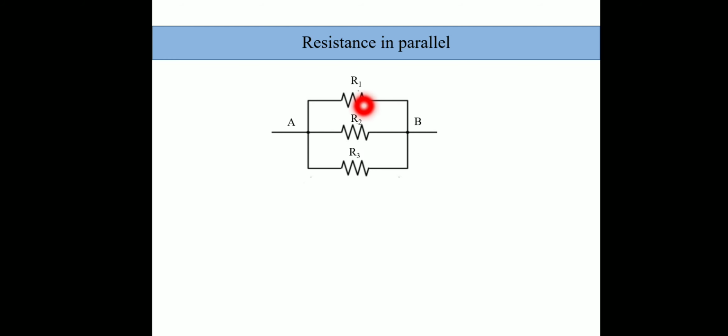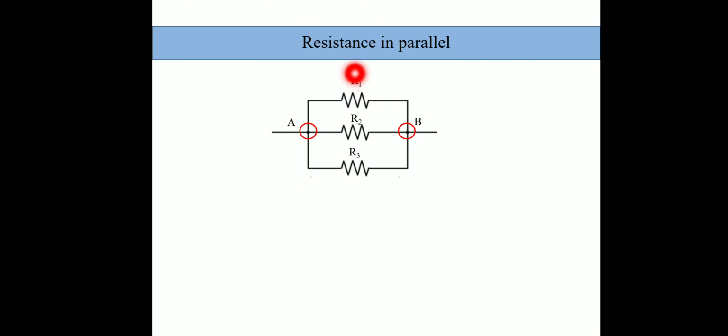But here, the left hand side of resistance R1 is connected at point A. The left hand side of resistance R2 is again connected at point A, and the left hand side of resistance R3 is also connected at point A. Again, the right hand side of resistance R1 is connected at point B, the right hand side of resistance R2 is again connected at point B, and the right hand side of resistance R3 is again connected at point B.